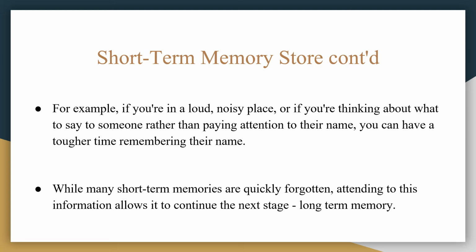Another example is trying to recall the details of a book that you have read days ago. While many short-term memories are quickly forgotten, attending to this information allows it to continue to the next stage, which being long-term memory.